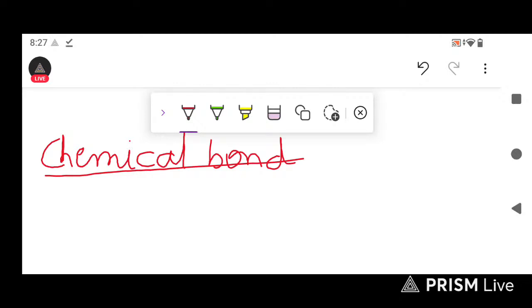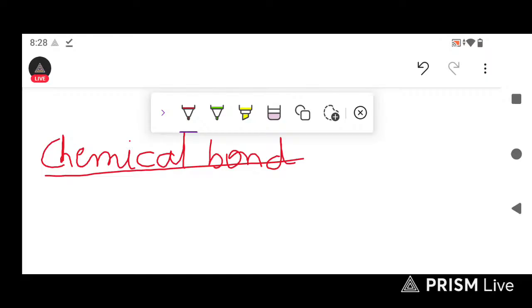It is a very important chapter from the examination point of view, so you must read it and make your concepts clear.